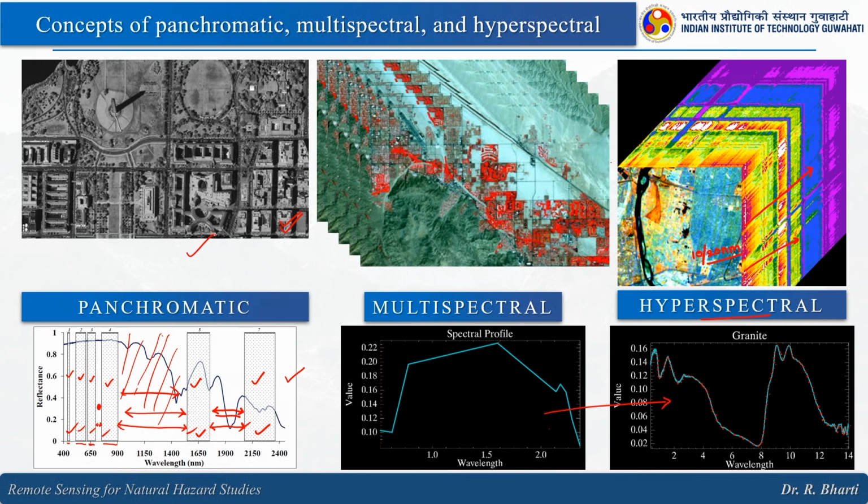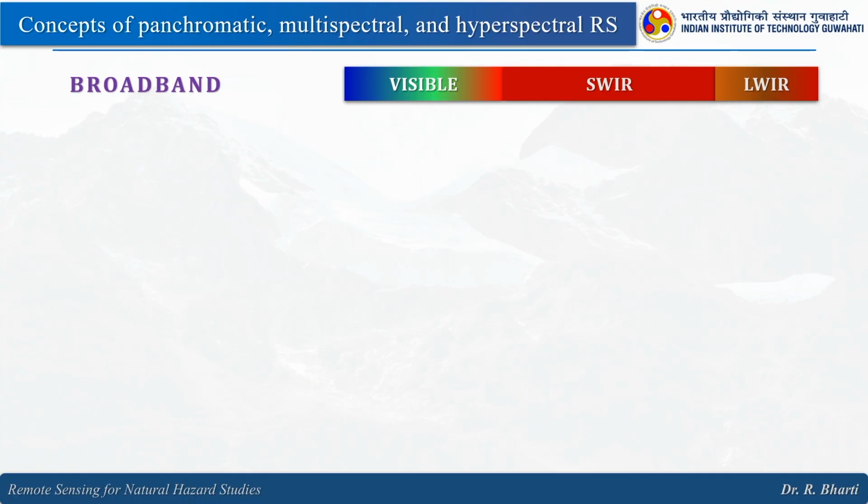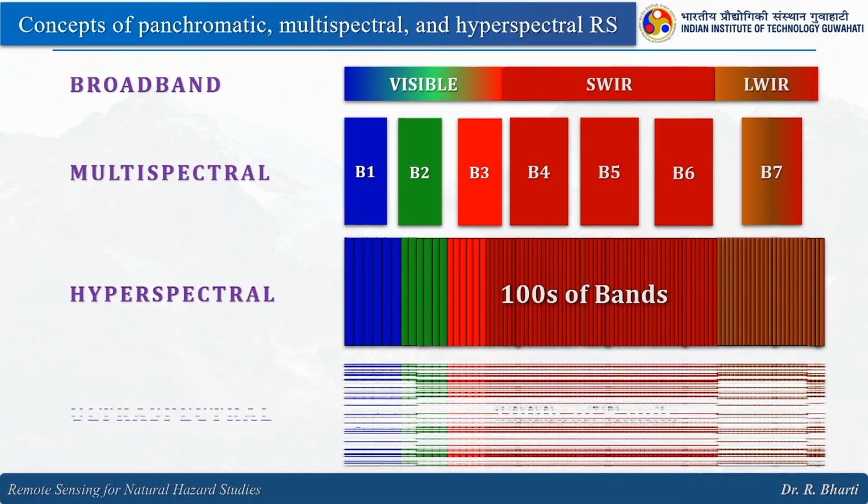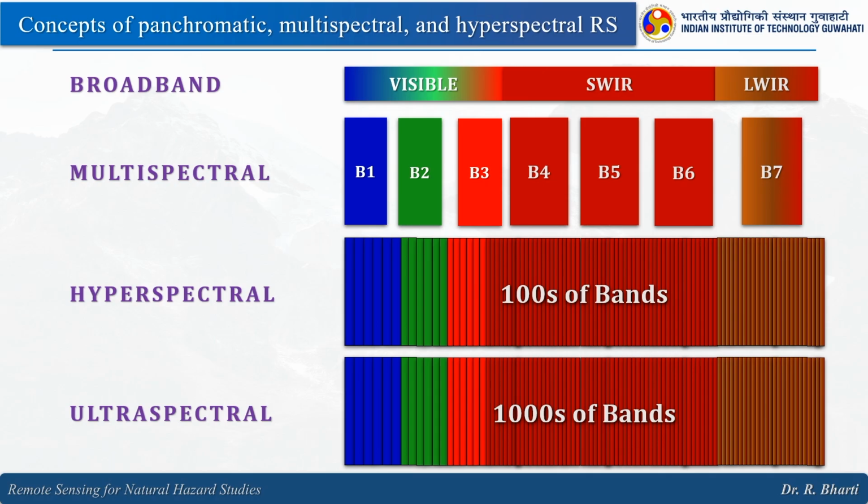So, we started with panchromatic, then we moved to multispectral, and then we also understood the hyperspectral concepts. Now, this particular slide will give you more information about broadband, multispectral, hyperspectral and ultraspectral remote sensing. When we talk about broadband, here you can see there is only one image generated using this particular wavelength range. That means we have enough spectral range and the energy will be very, very high.